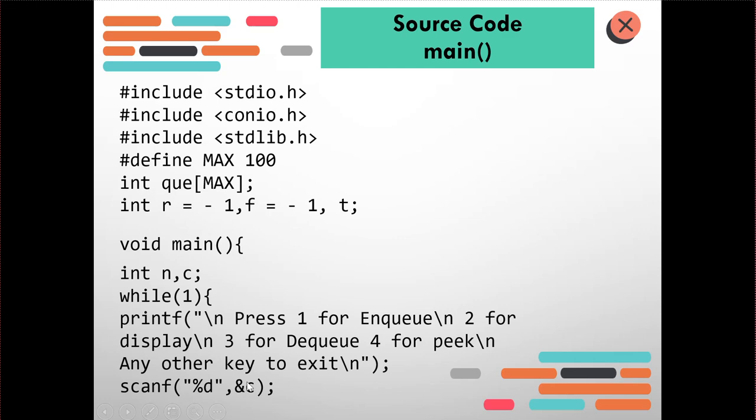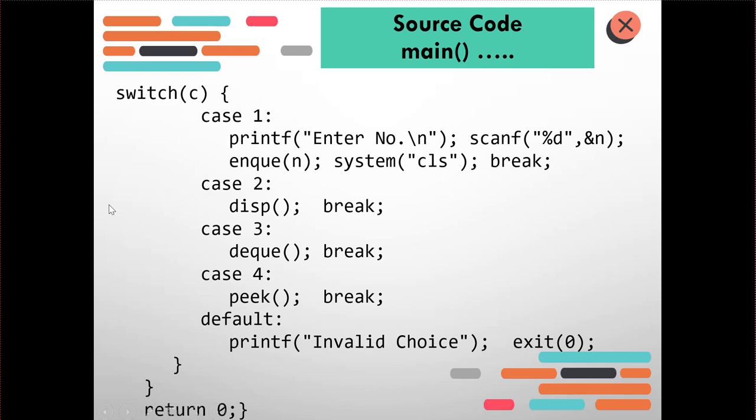So we are scanning the value in C. The user choice has been inputted and stored into the C variable. Now we would obviously wish to see what the user has inputted. That we would be doing by taking the services of a switch case. So in case of switch, we are switching on the C variable. That means we are checking the values for C.